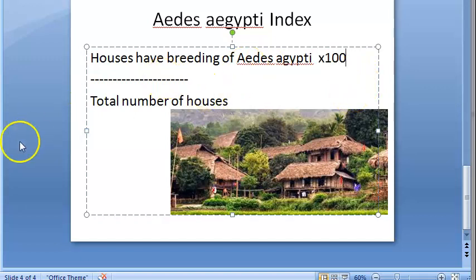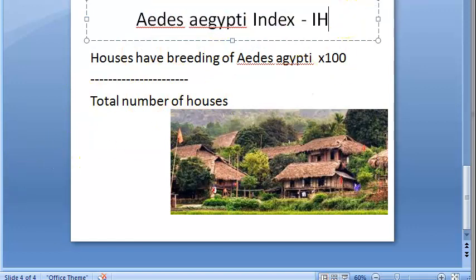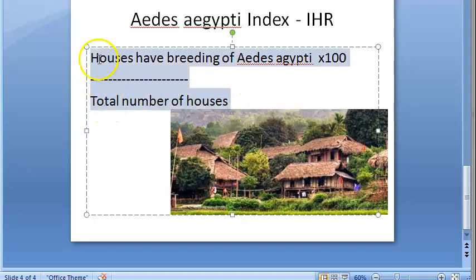What is this Aedes aegypti index? It is under the International Health Regulations. It is defined as the ratio expressed as percentage between the number of houses in a limited well-defined area on the premises of which actual breeding of Aedes aegypti are found and the total number of houses examined in that area.